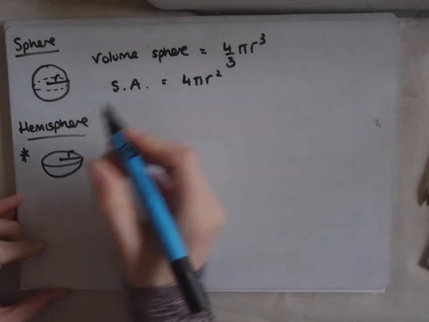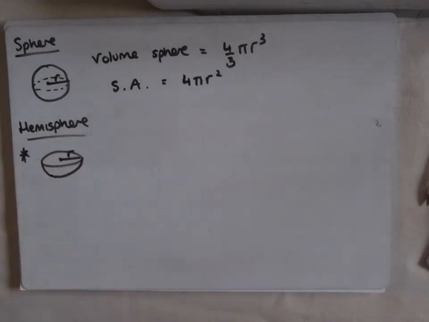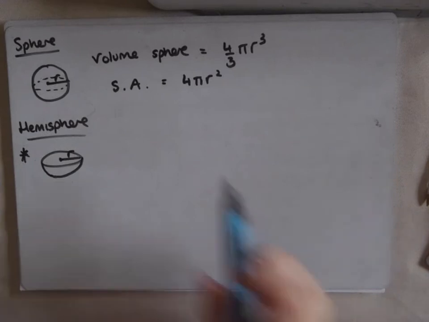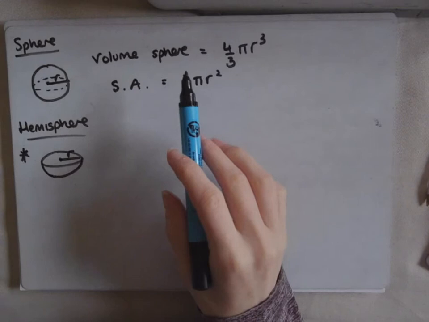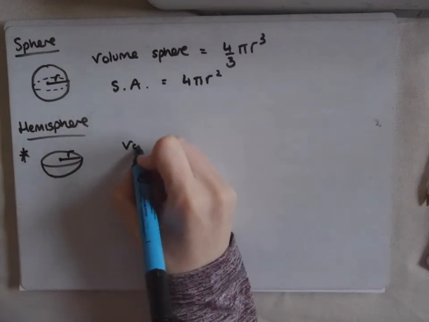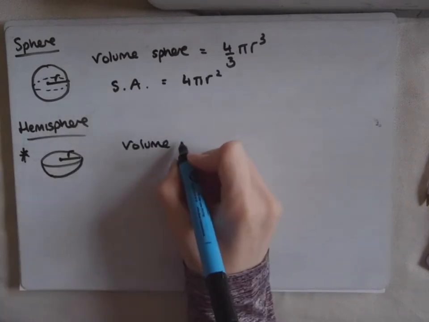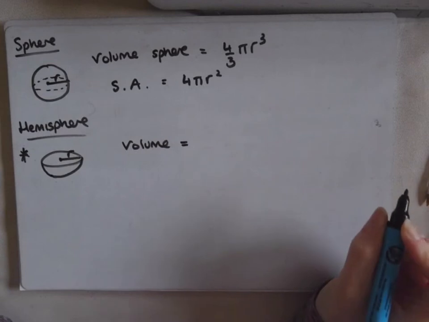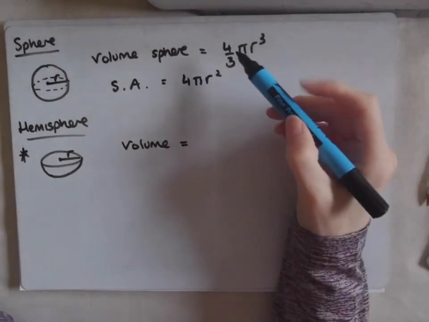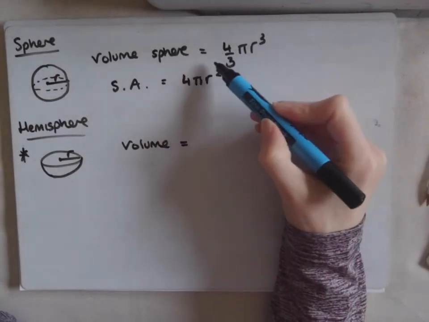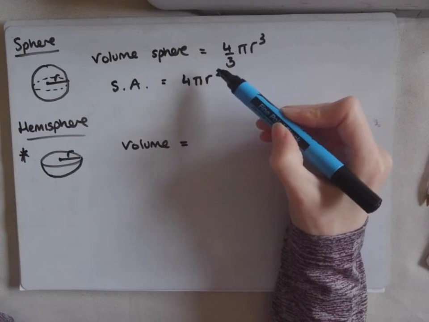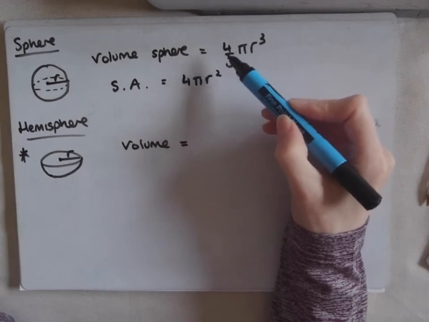Now, hemisphere. You can either learn it off by heart or just manipulate the sphere formulae, okay? So volume of a hemisphere is going to be half the volume of a sphere, okay? So half of this. Or you're dividing this by 2.